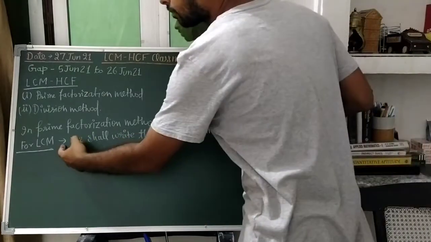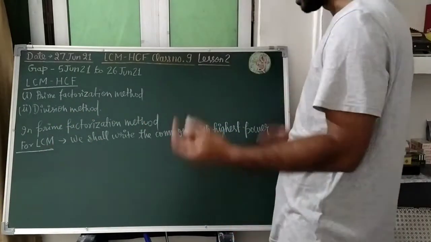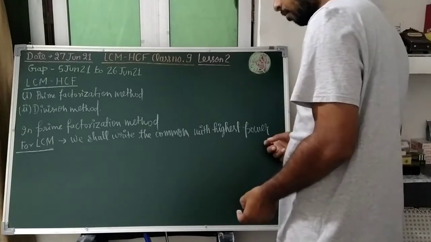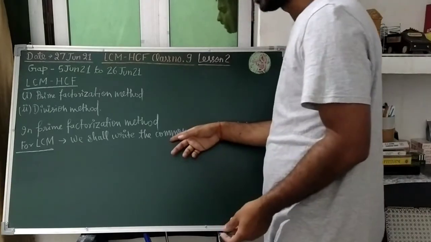Here it is the LCM, least common multiple, so we shall write the highest power of the number which is common.